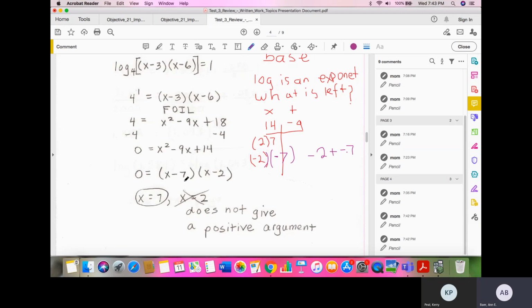And we are going to take each factor, set it equal to 0, and solve for x. If we take x minus 7 and set it equal to 0, I think you can see that just by looking at it and ignoring what's over here.